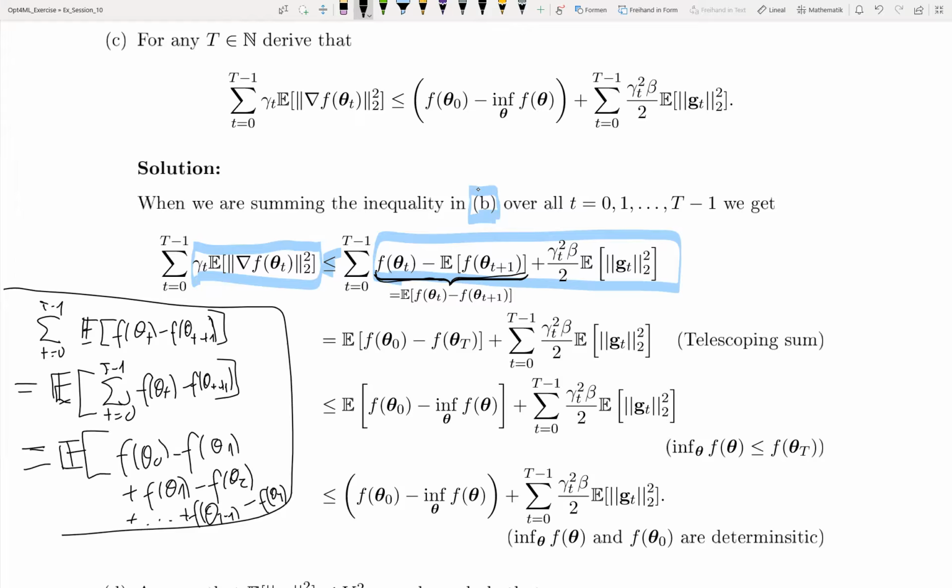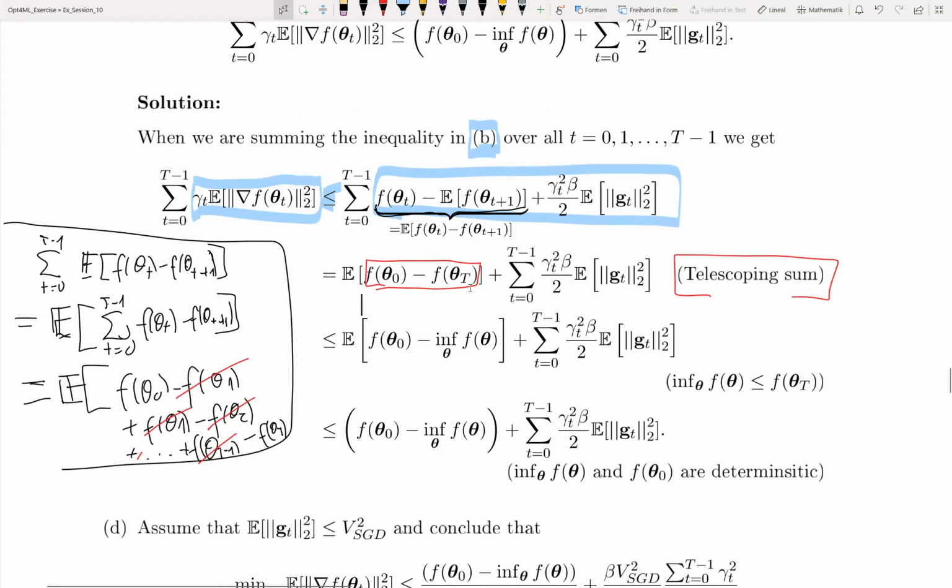Everything cancels out with the following one respectively, and what remains are only these two things here: the very first objective value we get, and minus the very last.